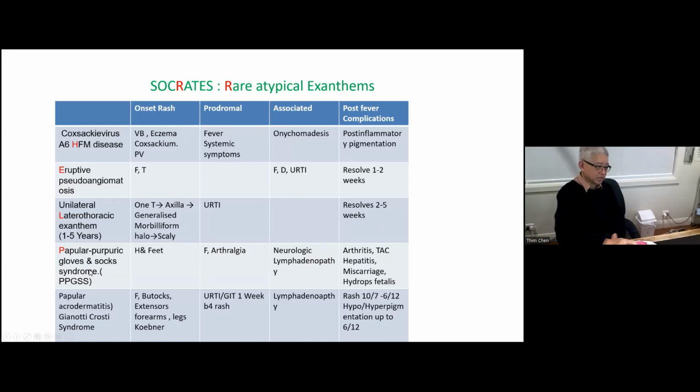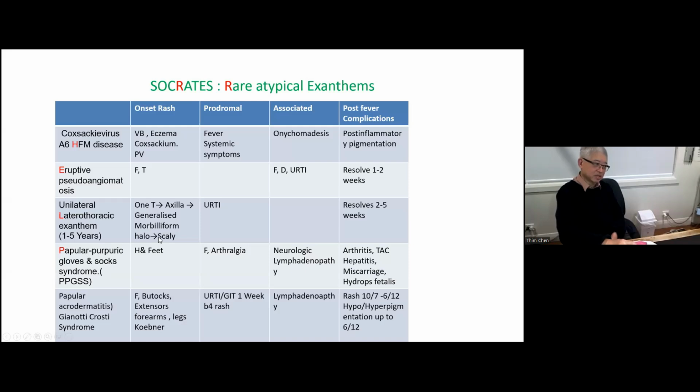Papular purpuric gloves and socks syndrome is actually caused by parvovirus B19 as well. As the name suggests, they have papules and purpuric lesions, but they are limited to the glove and stocking distribution, so they can stop at the wrist, they may stop at the elbows, they may even stop at the knees. So it's a very beautiful picture.